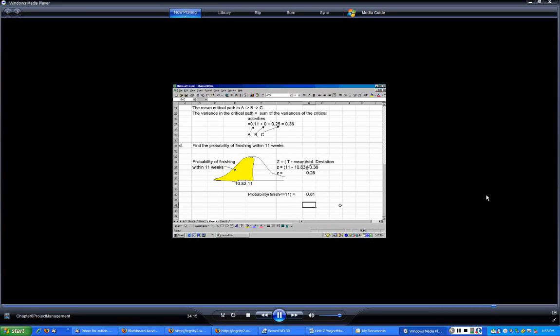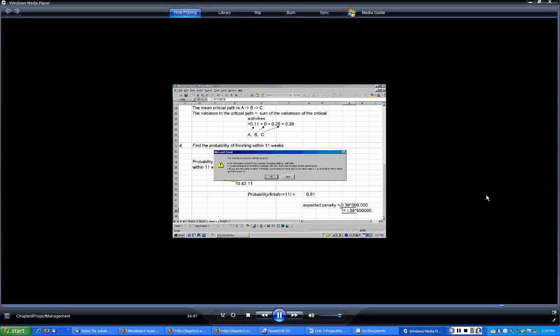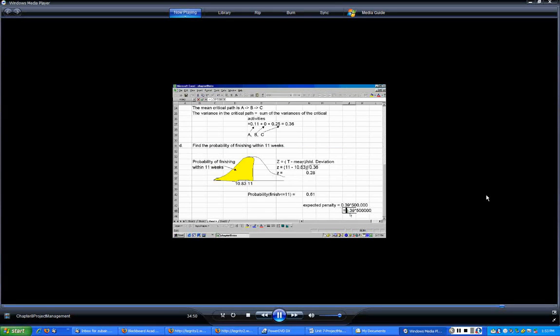So the long run average expected penalty then is 0.39 times 500,000, which equals... I made a mistake over here.